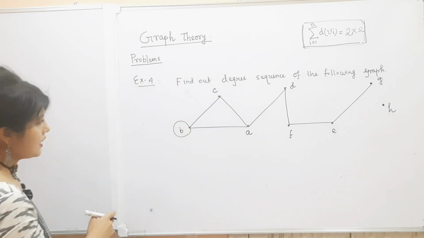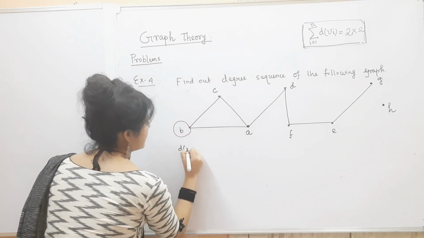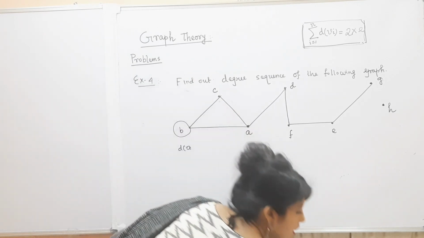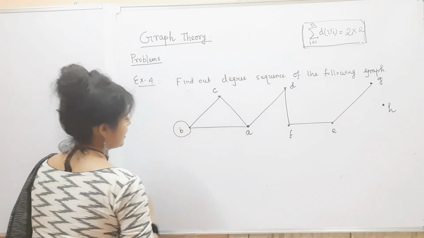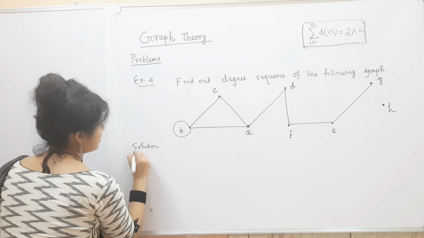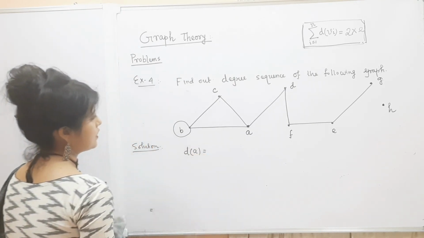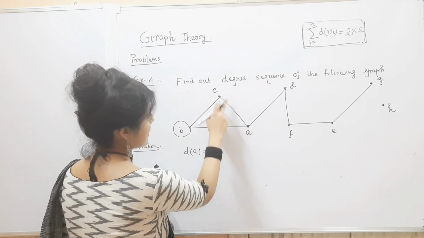So now, first, degree of A. What is degree of A? I am writing it more clearly. So the solution: first, degree of A, that is, how many edges are associated.